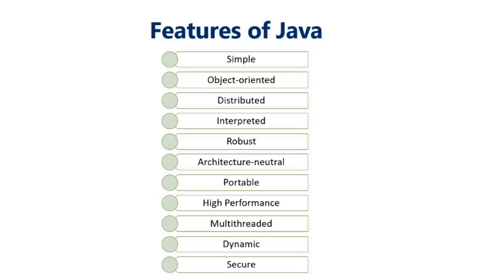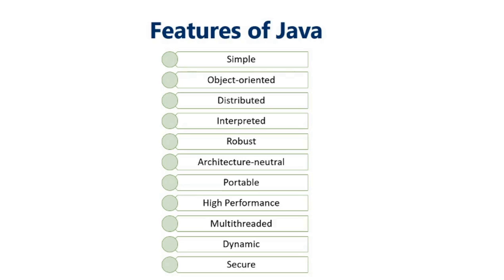What are the features of Java? The list is given in front of you. One by one, we are going to discuss these features. Java is a simple programming language. Why is it simple? If we compare C++ and Java, in C++ there are some concepts like preprocessors and pointers. Those concepts are not given in Java. That means pointers are not used in Java.